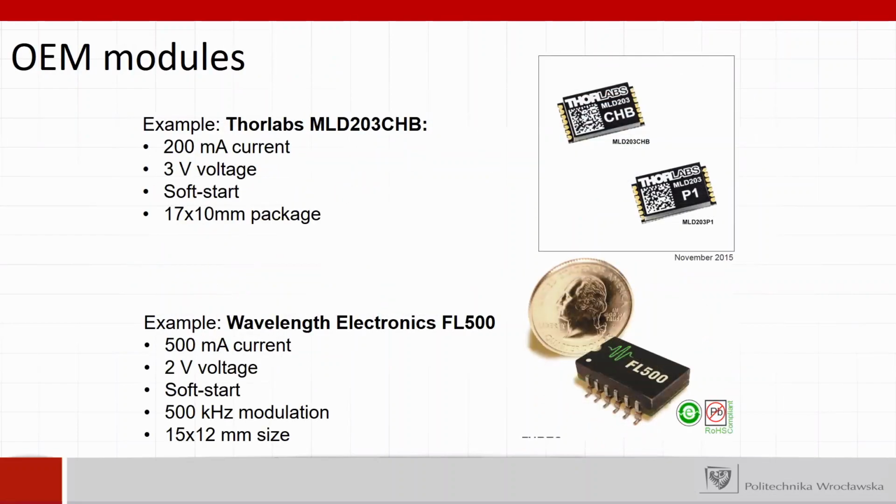There are some modules that enable some integration. So if you want to build your own laser diode driver, you can either build your own current source or just use commercially available packaged current sources. For example, the Thorlabs one gives a current at the level of 200 milliamps, 3 volts, with so-called soft start.